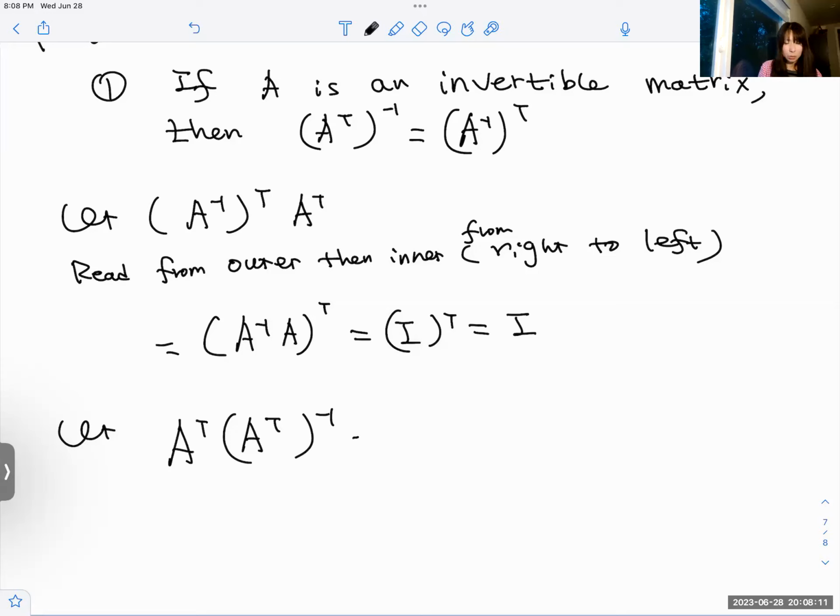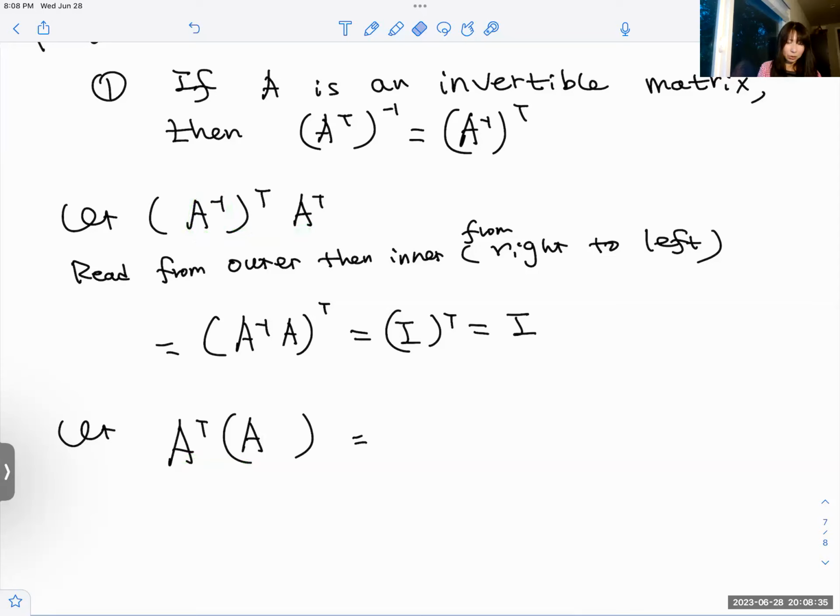So let me do it. I want to use the same one, but just change the order.